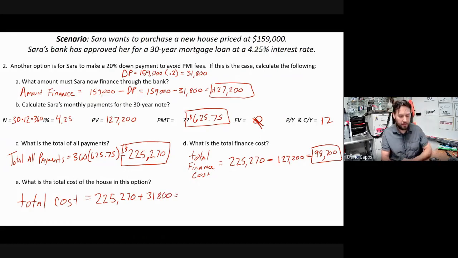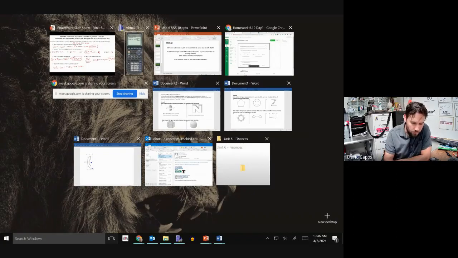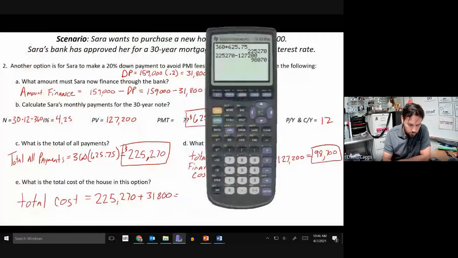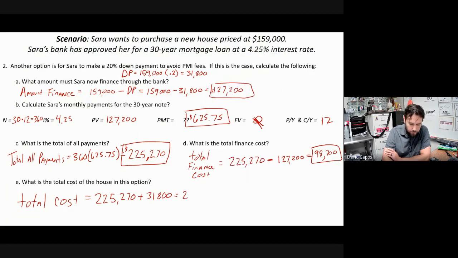If I add those two together, $257,070. Make sure that's right.